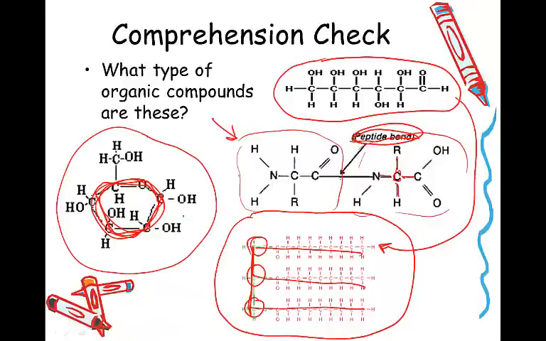You should be able to tell me what was lost from this side and what was lost from this side in the condensation reaction. So we know that right here there should have been a hydrogen. So that hydrogen was lost. And we know that over here there should have been an oxygen and a hydrogen, a hydroxyl group. So that hydroxyl group was lost.